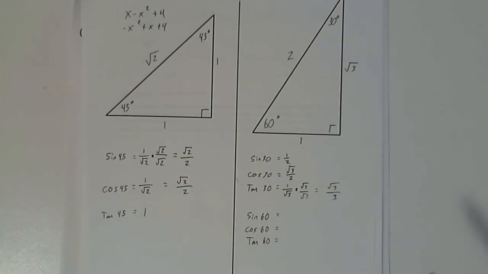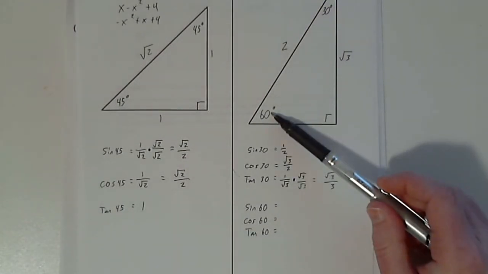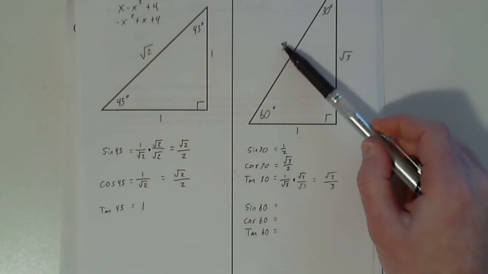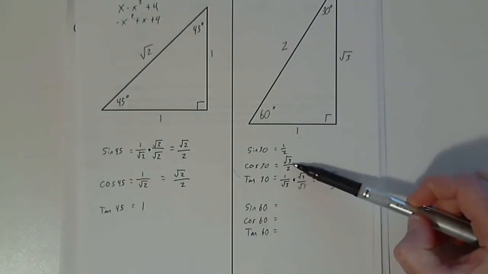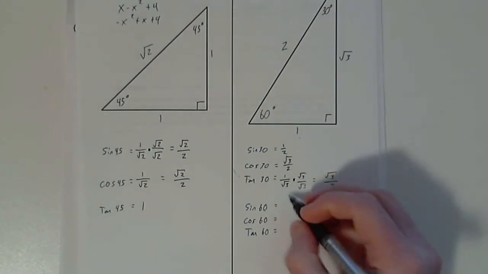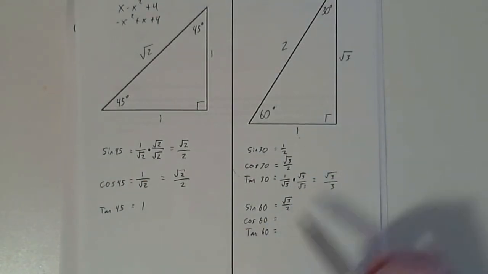For 60, now this is actually going to get a little bit quicker. So sine of 60 is O over H, and that's actually the same thing. Sine of 60 is the same as cos of 30. That's the same ratio, so it's root 3 over 2. Same thing with cos of 60.